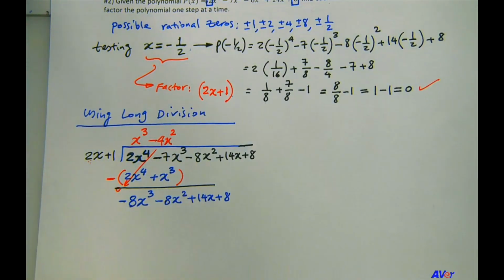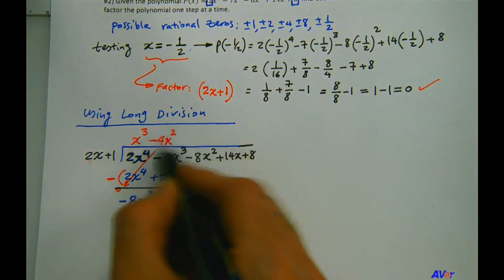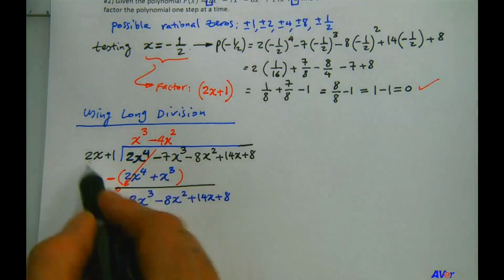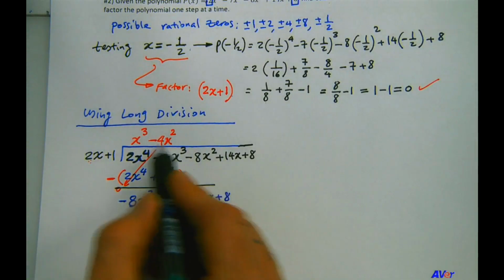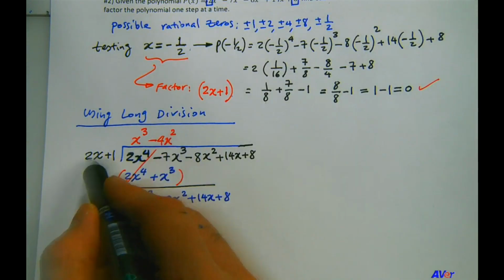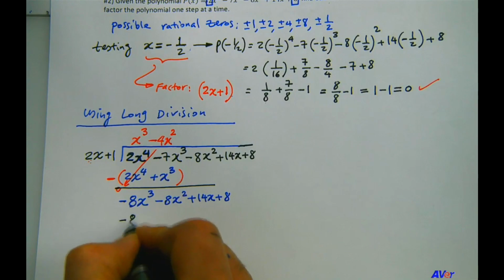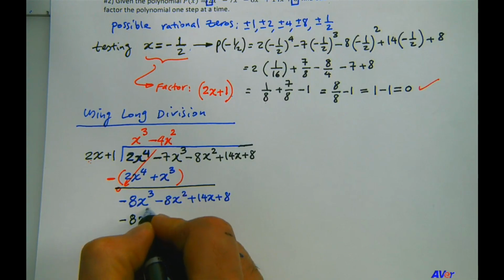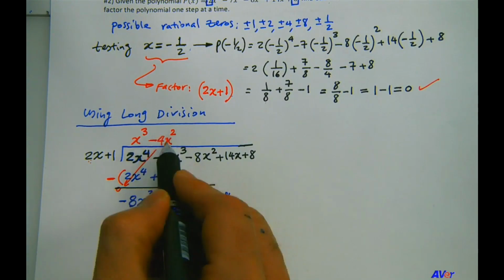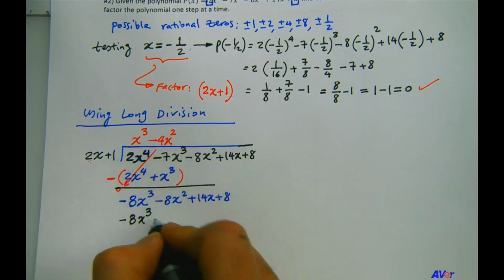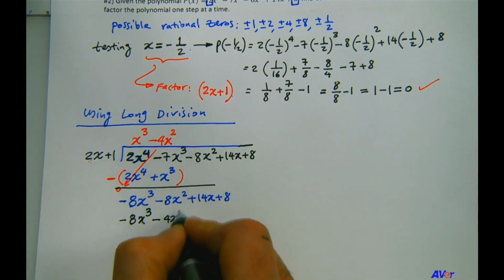Now let's distribute negative 4x squared into both terms in the divisor and write it underneath here. So minus 4x squared times 2x is minus 8x cubed, minus 4x squared times positive 1 is minus 4x squared.